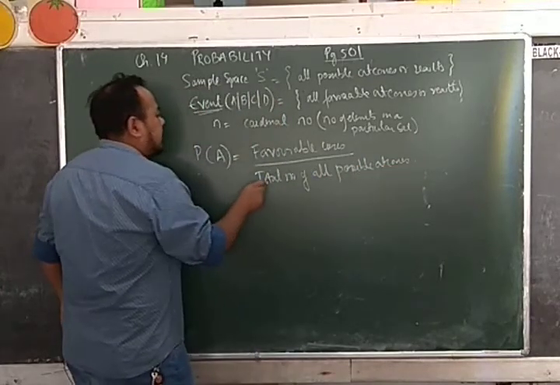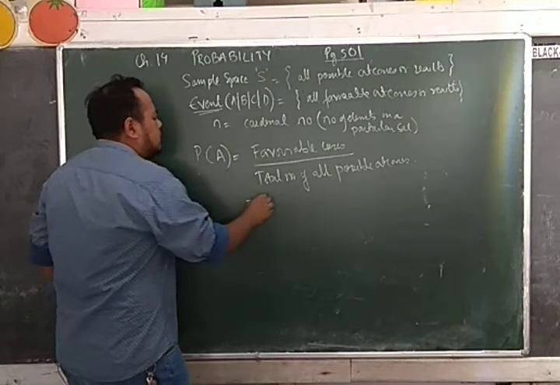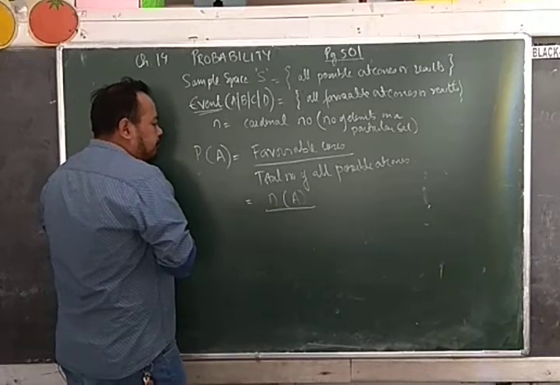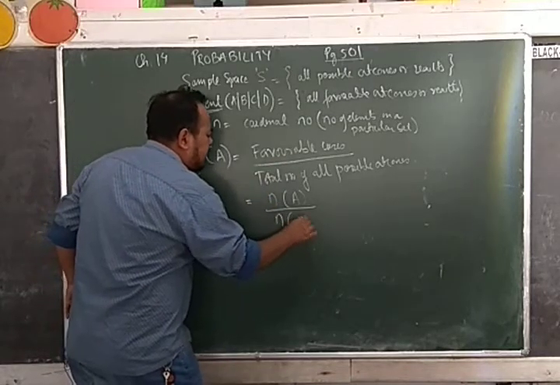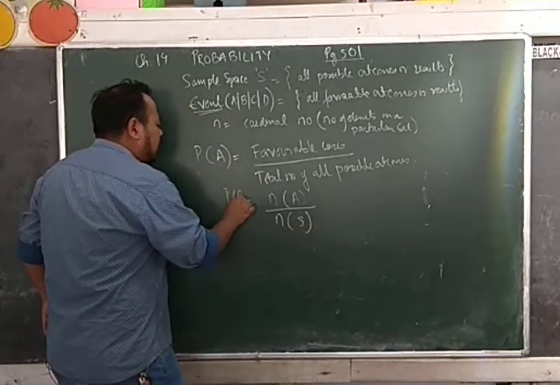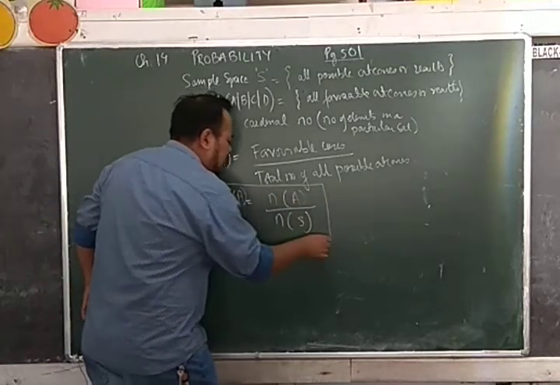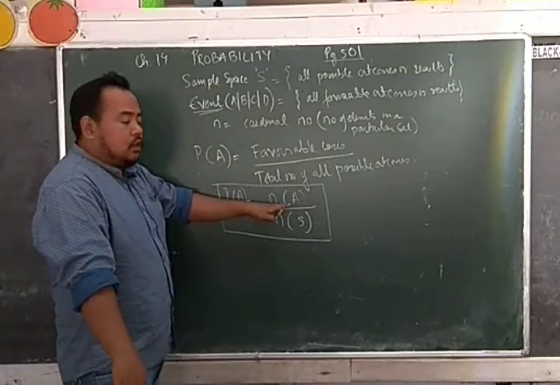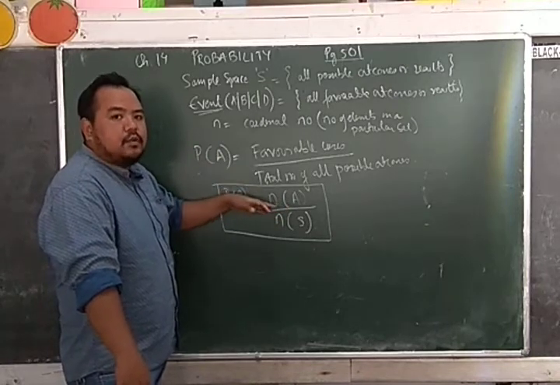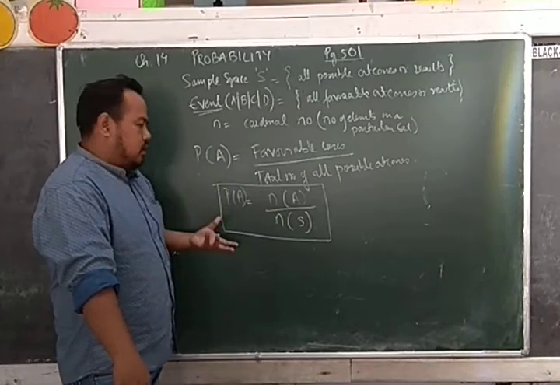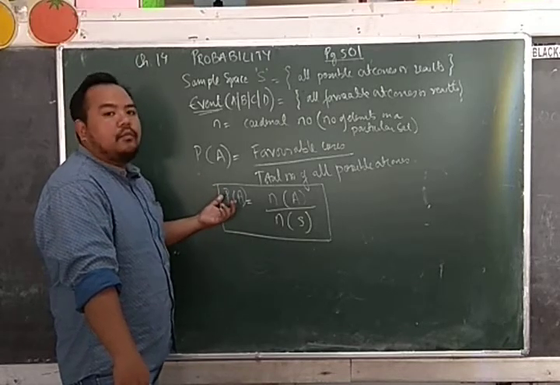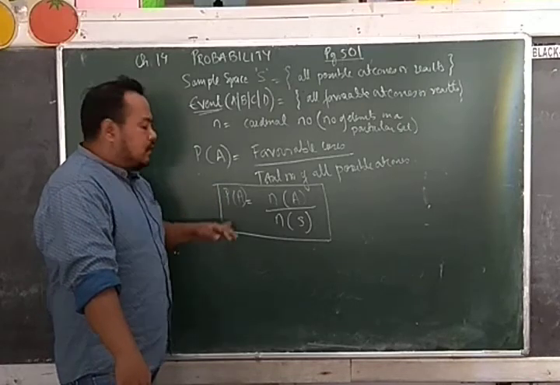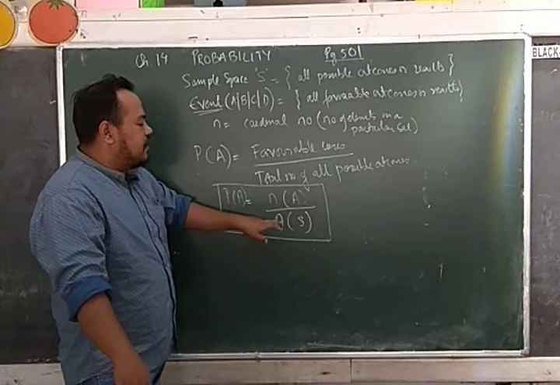That is, probability of A is n of A divided by n of S, where n stands for cardinal number and A is the event. We write the number of elements favorable to A divided by the total outcomes. This is how you define probability. Similarly, if there is another event B, then probability of B is n of B divided by n of S.